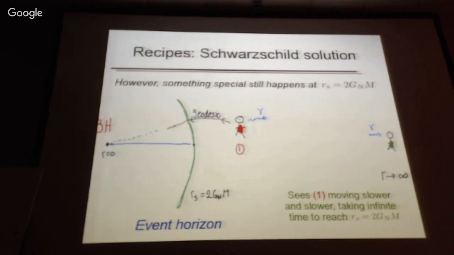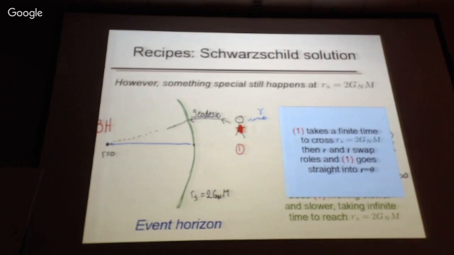So if I've got two observers, one very close to the black hole, falling into it, and another one pretty much at infinity, and the first one is emitting light as it travels towards the black hole, and the second one is receiving it, the guy at infinity sees the guy close to the black hole moving slower and slower and slower as it approaches the Schwarzschild radius. Not only that, it actually takes an infinite amount of time to reach the Schwarzschild radius.